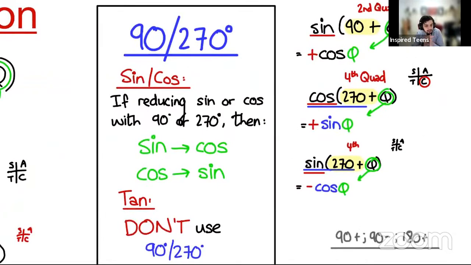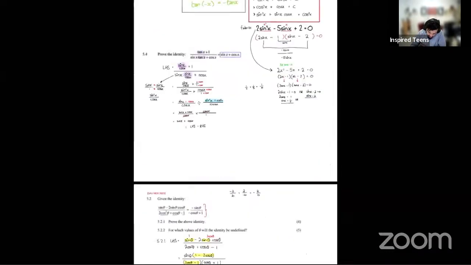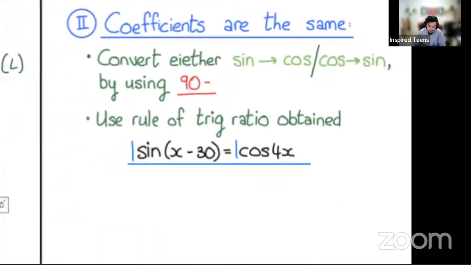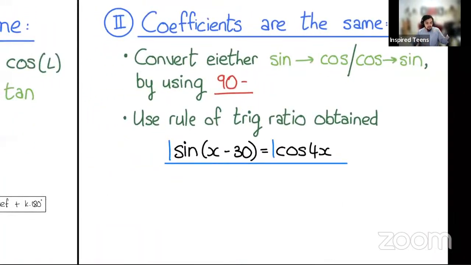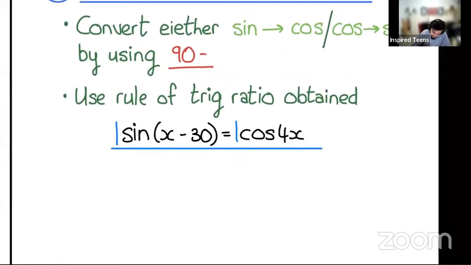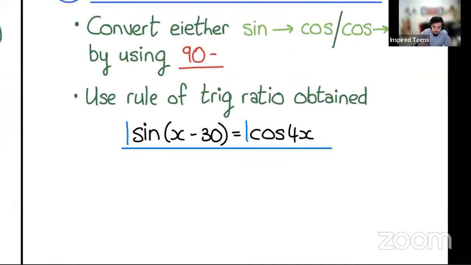Whenever we're reducing sine or cos with 90, sine changes to cos and cos changes to sine. So it is possible for us to use 90 minus to change from sine to cos or cos to sine. In this case, the easier one to work with is cos 4x. So sine x minus 30 we can leave the same.